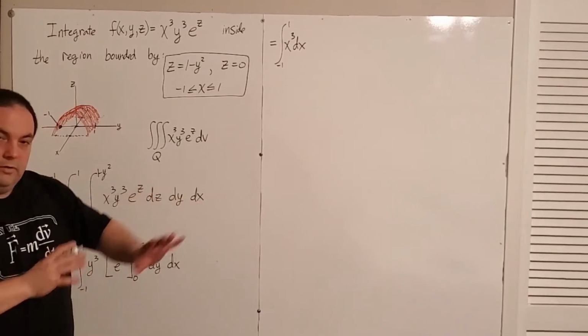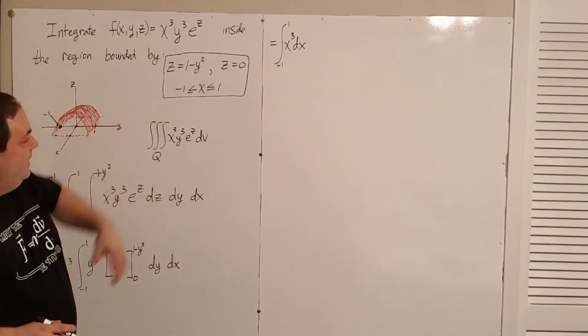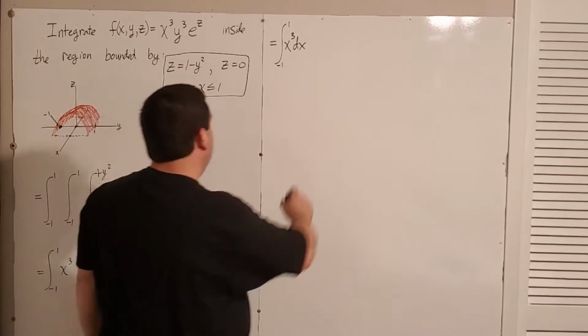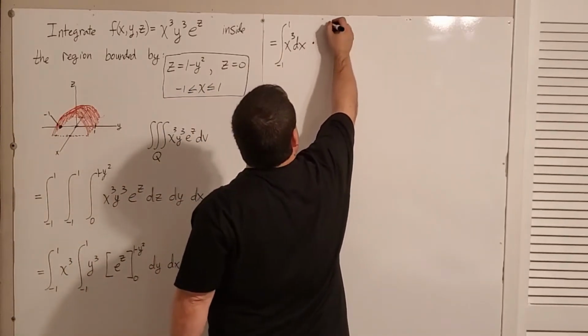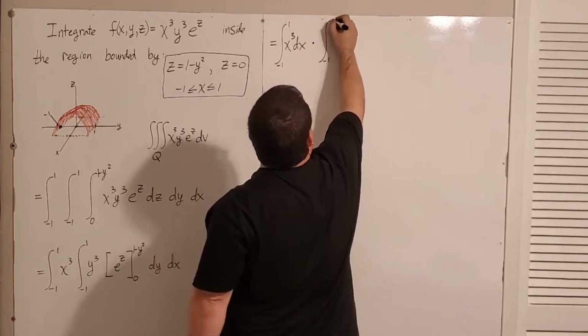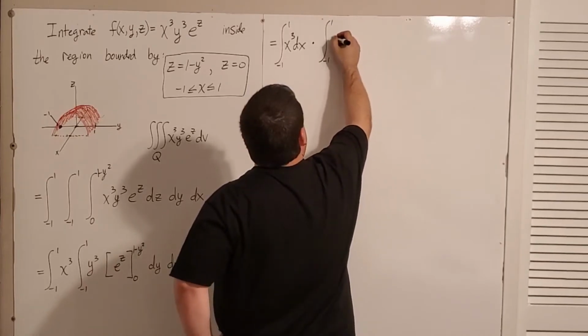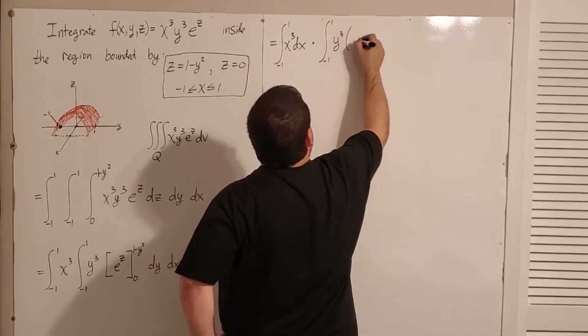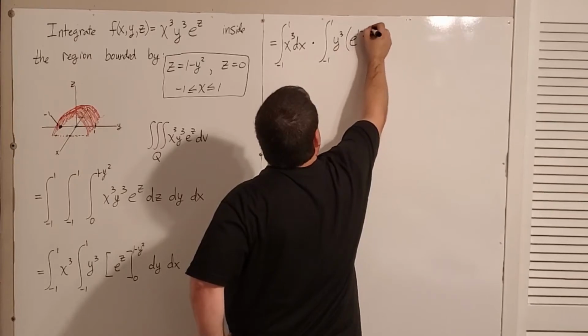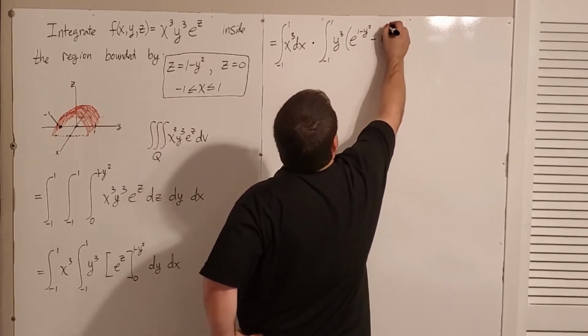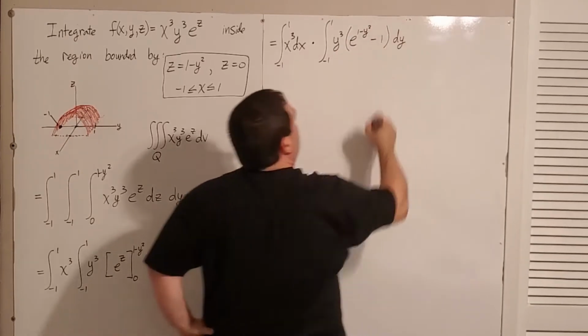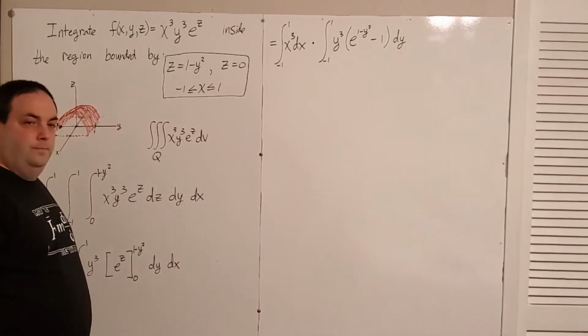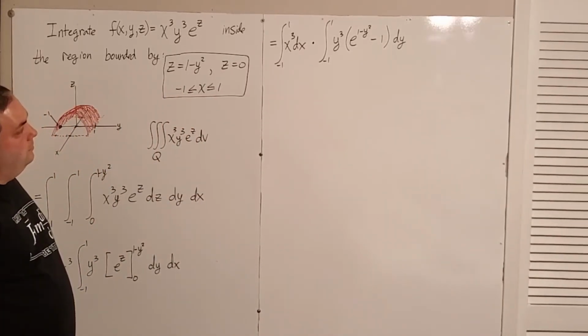One of those times where you can completely separate it out. So I can get that piece out of the way. And then times my other integral from -1 to 1, I have y cubed times e to the 1 minus y squared minus 1 dy, like so. Okay.